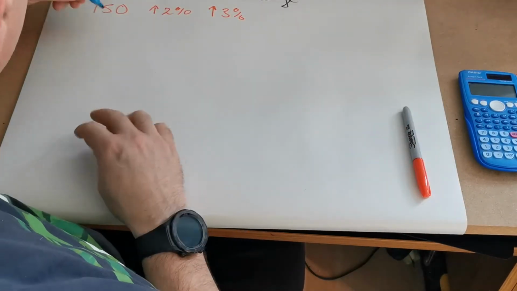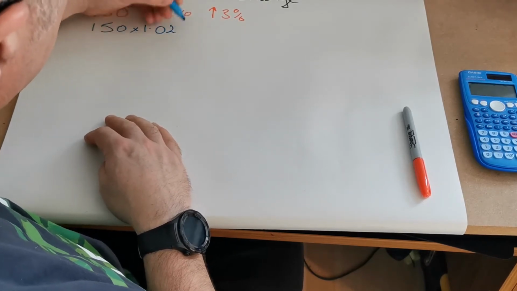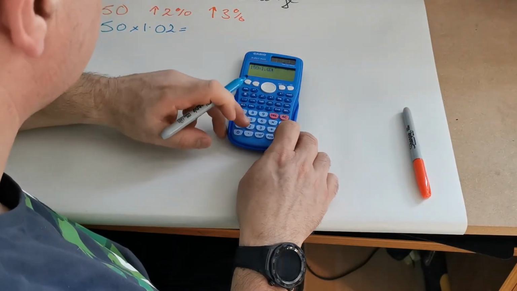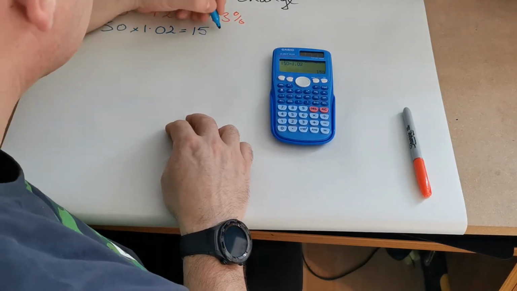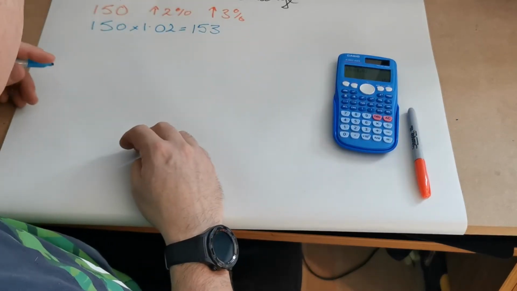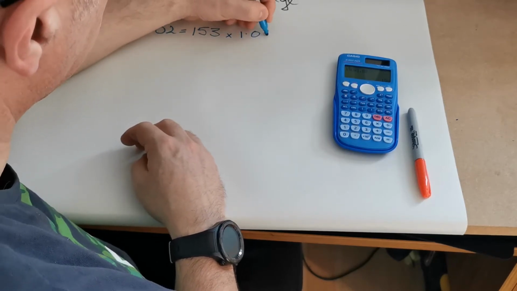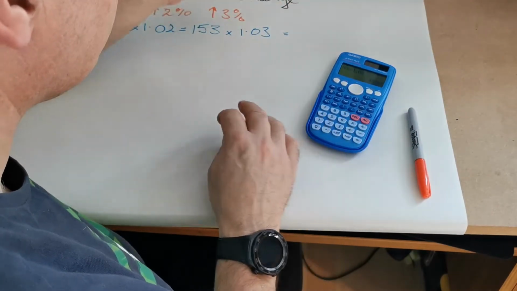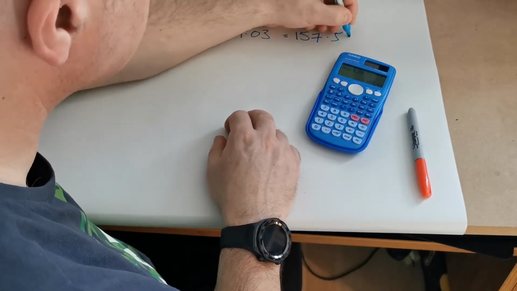Well, what you could do is say, okay, if I did 150 times 1.02, I would get 153 centimetres tall. And then if I want to take that up by 3%, times by 1.03 to give me 157.59 centimetres.